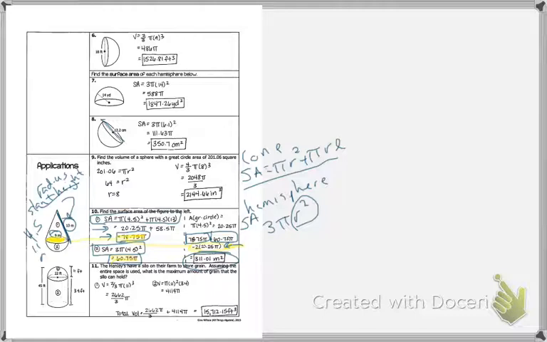So the answer would be 310.86 meters squared. Roughly.